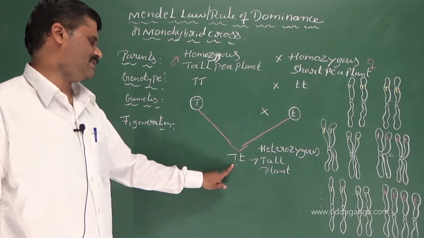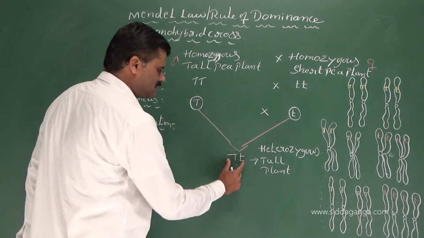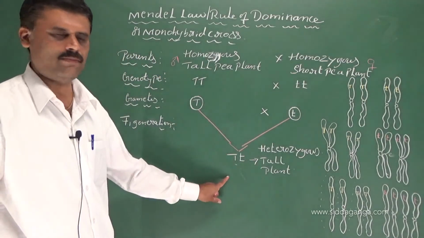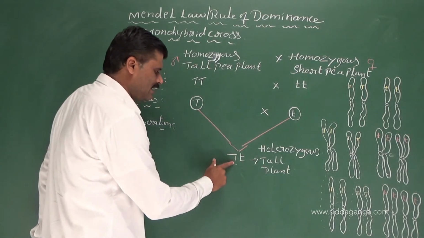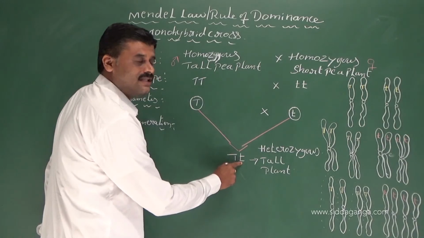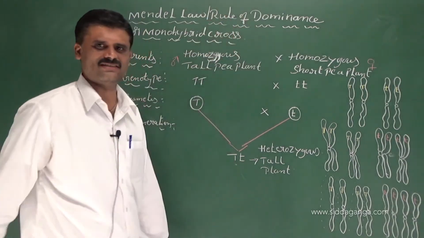So, Mendel says that when a pair of genes are brought together in a hybrid, only one gene expresses its character by suppressing the recessive gene, and it is called the law or rule of dominance.